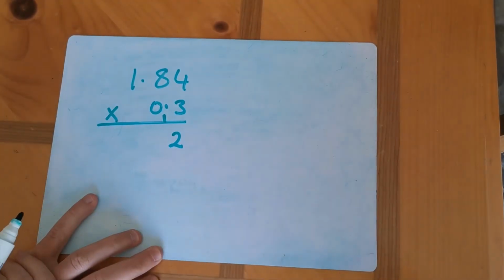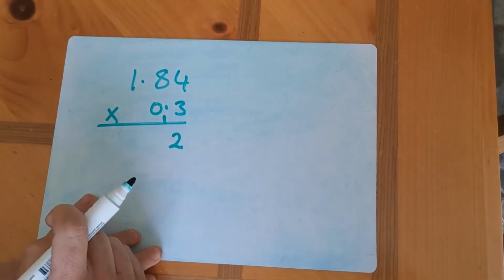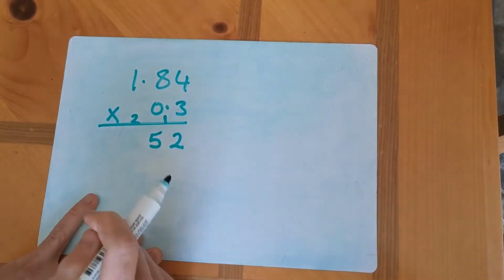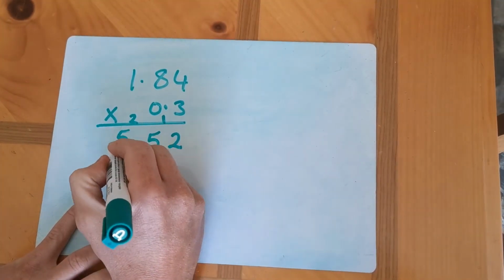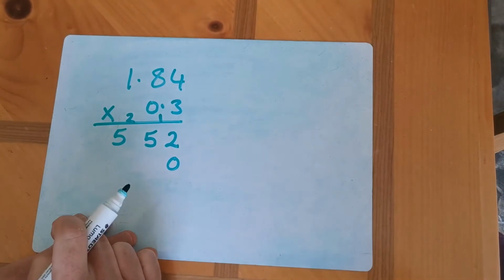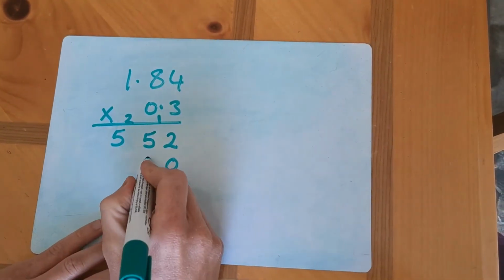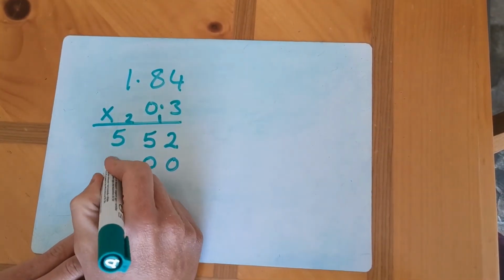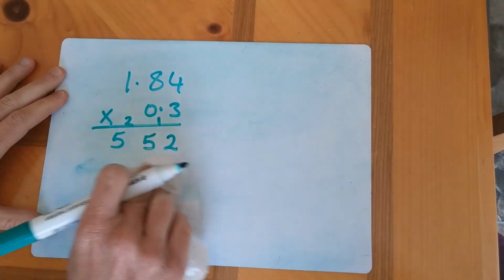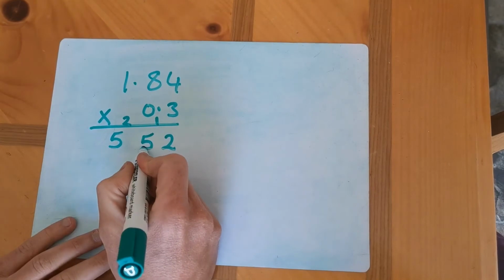I put down my 2 and carry my 1. 3 multiplied by 8 is 24 and 1 makes 25. 3 multiplied by 1 is 3 and 2 makes 5. And again, we could do our line of zeros, but we're not going to bother. So we're left with 5, 5, 2.